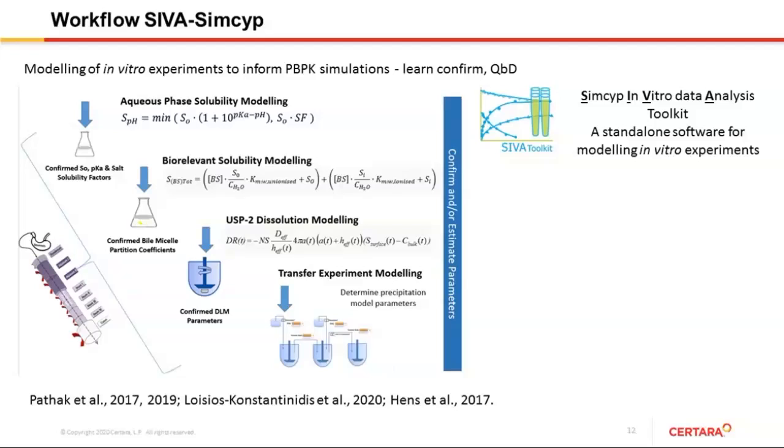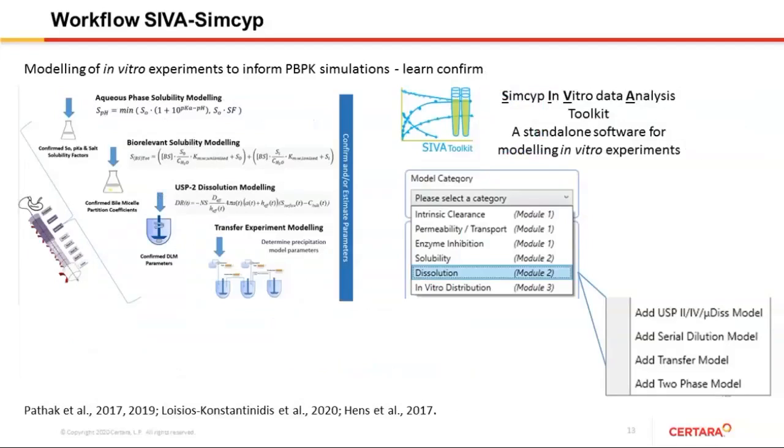So just to emphasize, the SIVA toolkit is a completely standalone software for modeling in vitro experiments. In terms of dissolution experiments, you can currently model experiments done in USP2 and microdissolution systems. You can handle serial dilution models.